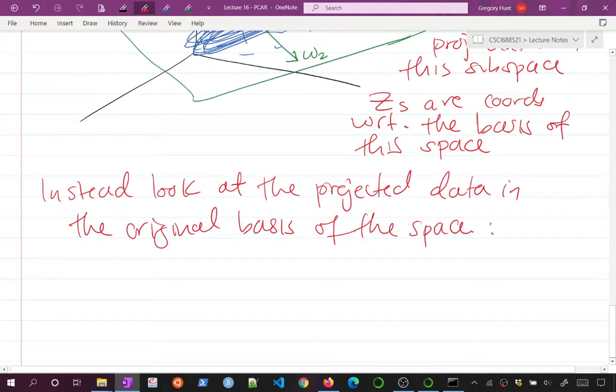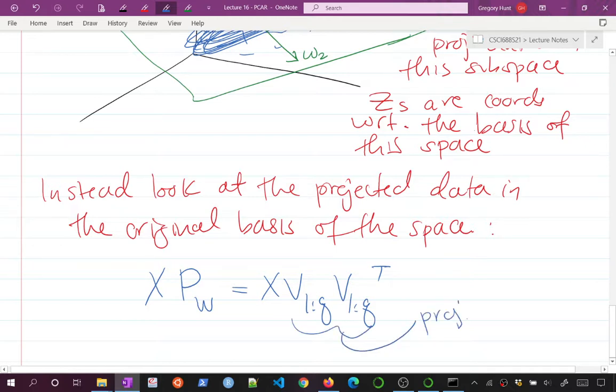And that would be if we projected down onto the W matrix of our X. I actually probably want to write it this way. So if our projection operator, we project down, and there's a couple ways you can view this. It would be X times V1 to Q, V1 to Q transpose. So this is basically our projection onto the subspace.